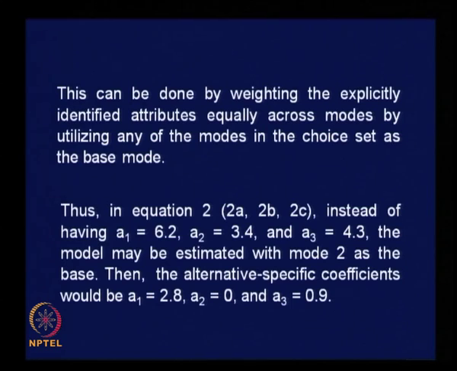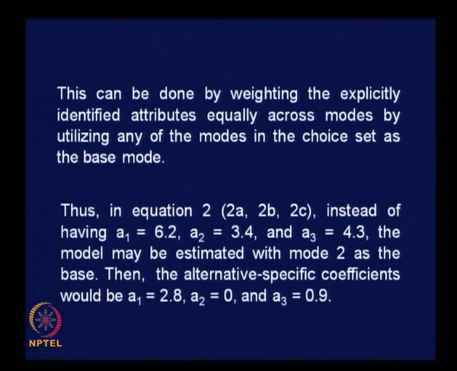We are not interested in the absolute value, but the difference is more important. That gives you a correct picture to enable the travelers to choose a particular mode based on the bundle of the attribute values of the modes. So that is what is indicated here.